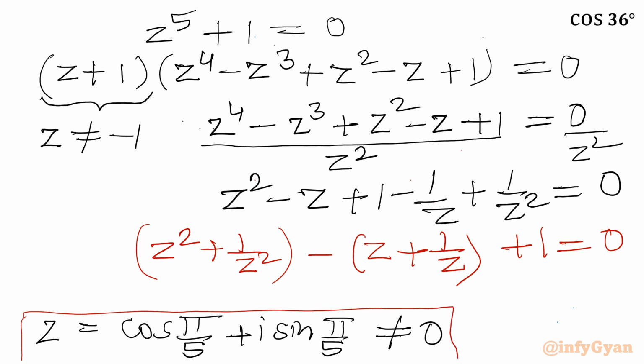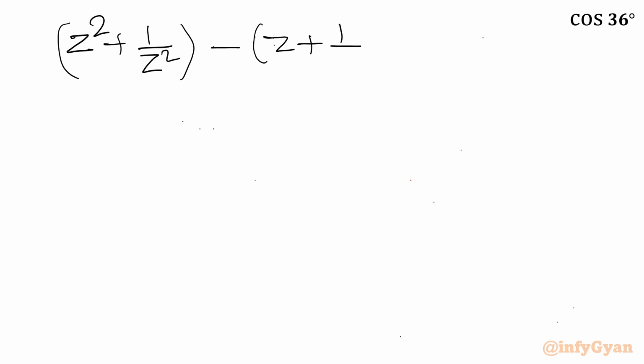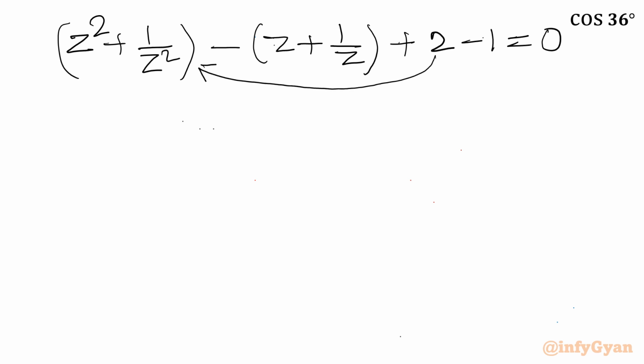Now I will split 1 as 2 minus 1, and this 2 I will take to this bracket. Let me write here once. I will be writing z square plus 1 over z square minus z plus 1 over z, and 1 I can write as 2 minus 1, equal to 0. Now this 2 will be here.